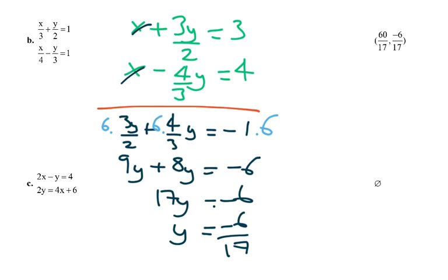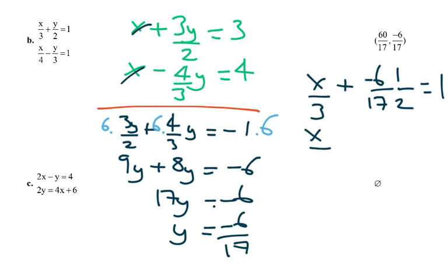Then we're going to substitute that back into one of these equations. Just take the first one, x over 3 plus minus 6 over 17 divided by 2, which is just the same as multiplying by 1 over 2, is equal to 1.